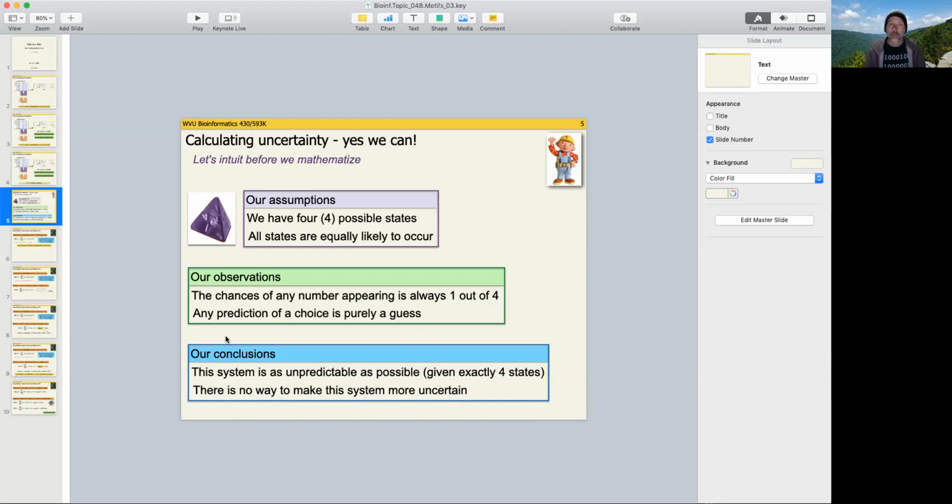Given any system with exactly 4 states, there is no way to make this system more uncertain. These two conclusions are essentially saying the same thing: there's no way to make it more unpredictable. Another way of saying this is that it is at maximum uncertainty.